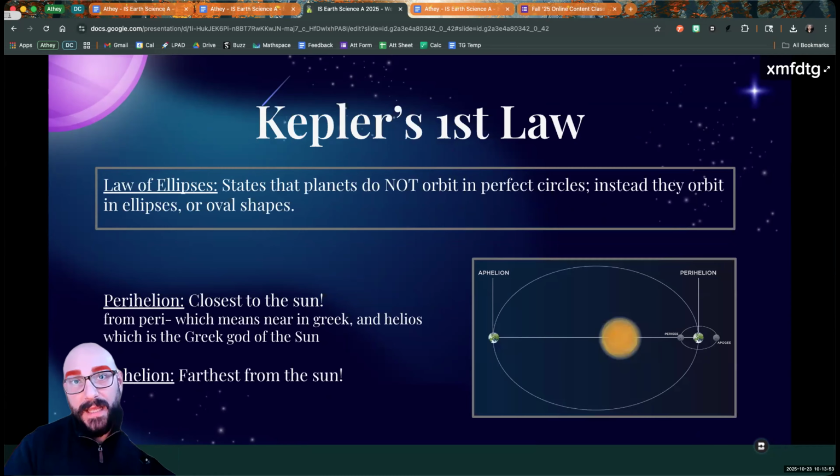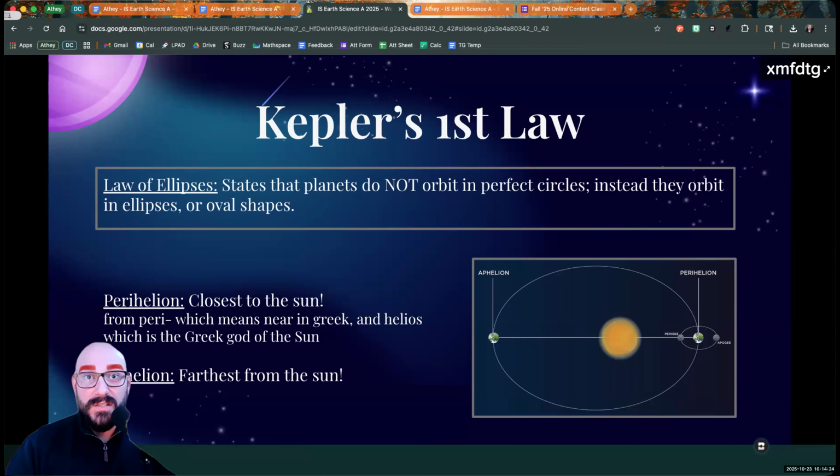So, Kepler's first law is the law of ellipses. And that law is that planets orbit in the shape of an ellipse, with the sun at one of the foci, or one focal point. Planets do not orbit stars in perfect circles. And this ultimately comes down to the fact that gravity is not a one object thing.